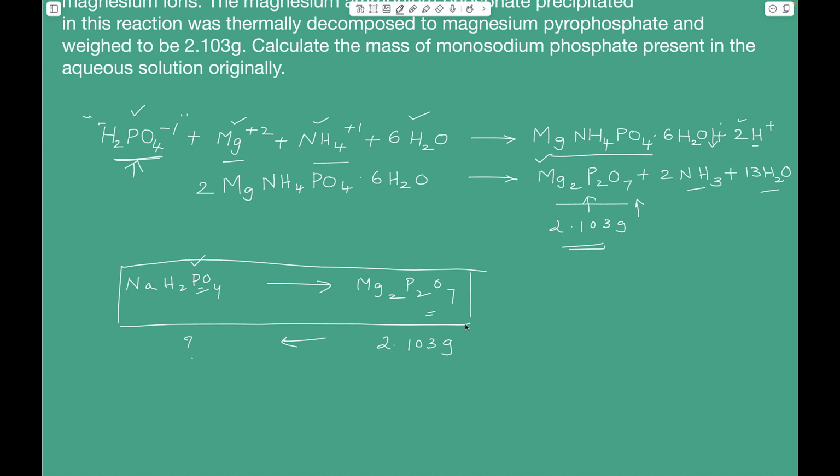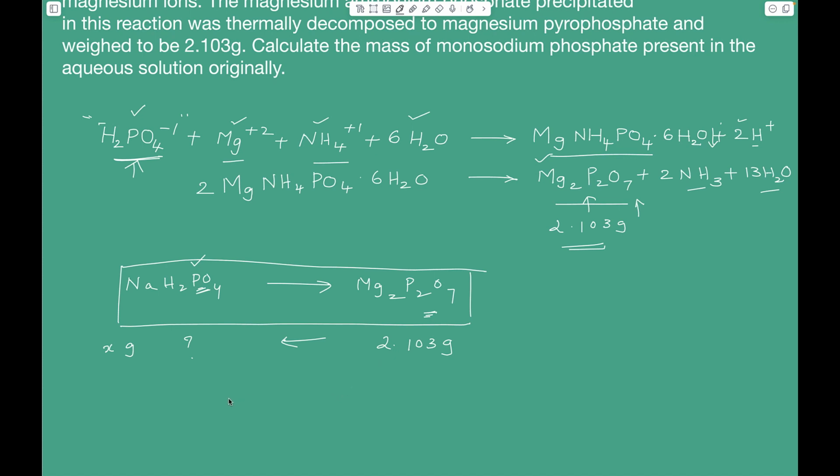Can you give it a try? Now let us say we started with some x grams of monosodium phosphate and we eventually ended up with 2.103 grams of magnesium pyrophosphate. And as we can understand from these equations, all the phosphorus originally present in monosodium phosphate is ending up in magnesium pyrophosphate.